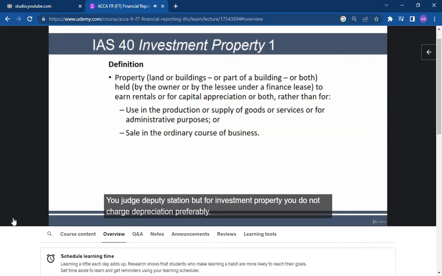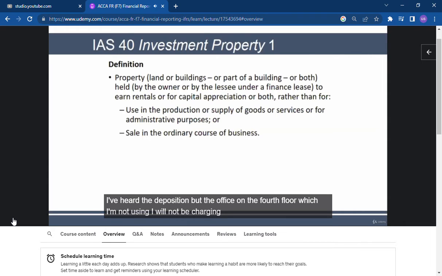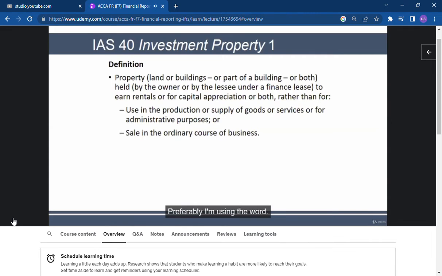But for investment property, you do not charge depreciation, preferably. I'm using the word preferably. So the office on the 10th floor, I will depreciate, but the office on the 12th floor, which I'm not using, I will not be charging depreciation for. Preferably, I'm using the word. So this is the background.